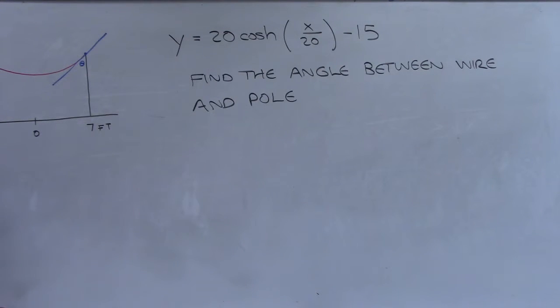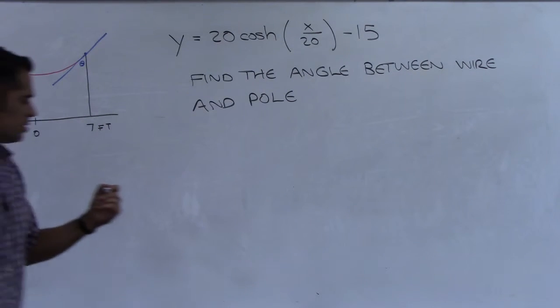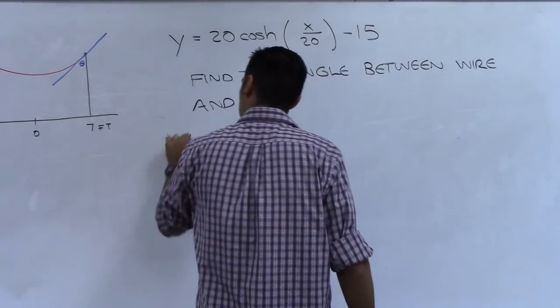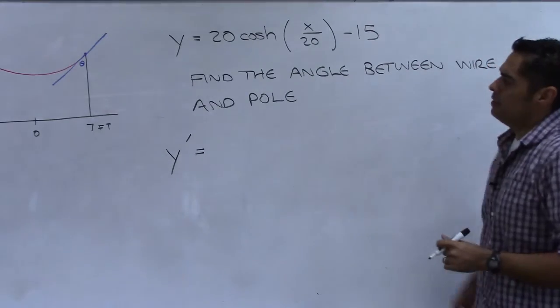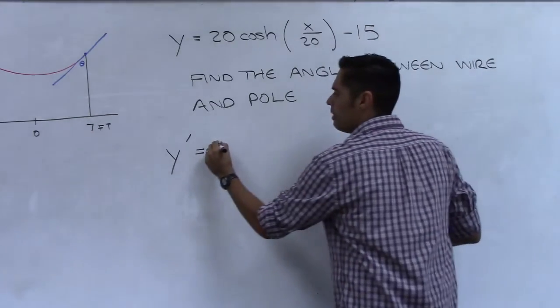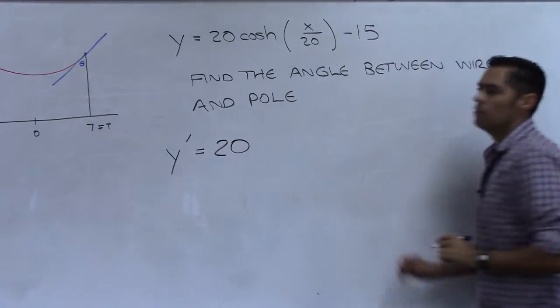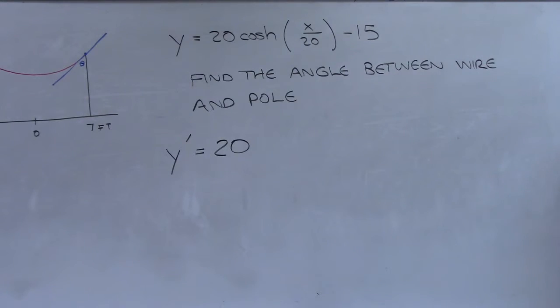That's exactly the way we want to look at it. So you're going to have to first figure out the slope of that blue line, which is the derivative of that function at what point? At 7. So let's take the derivative first. What about the 20 in front? Just leave it. What's the derivative of cosine hyperbolic of something?